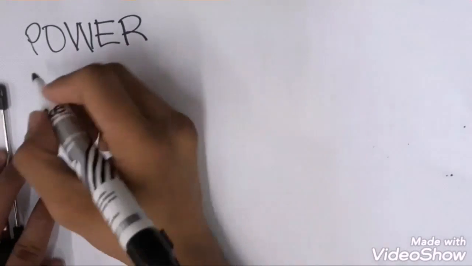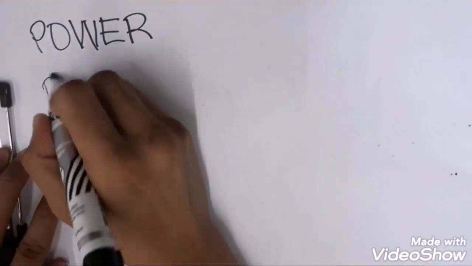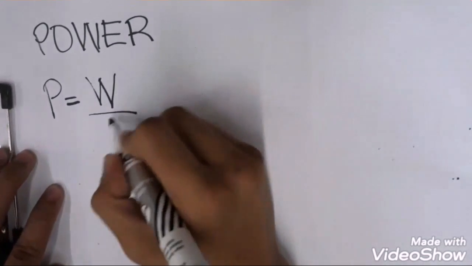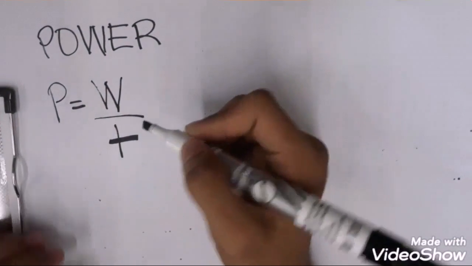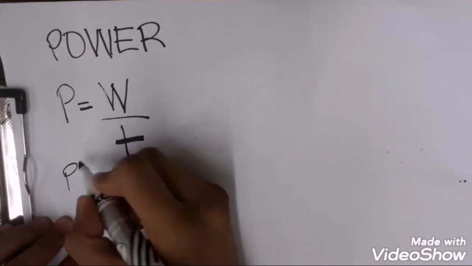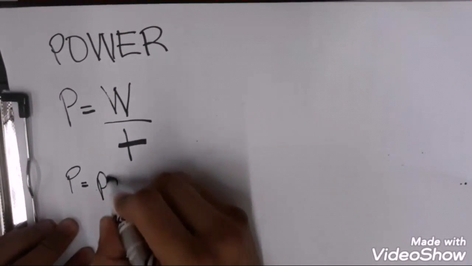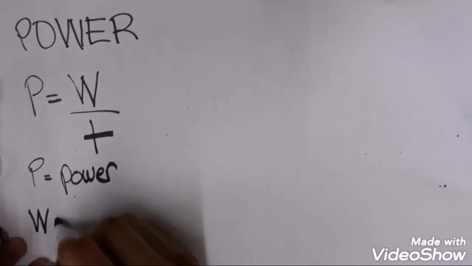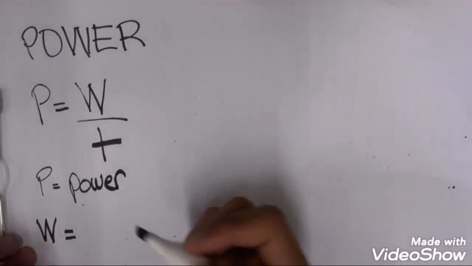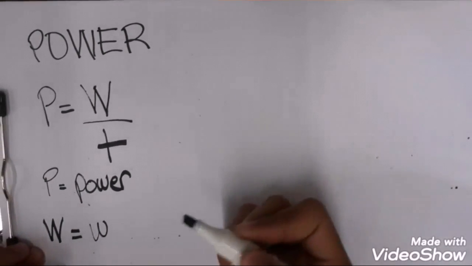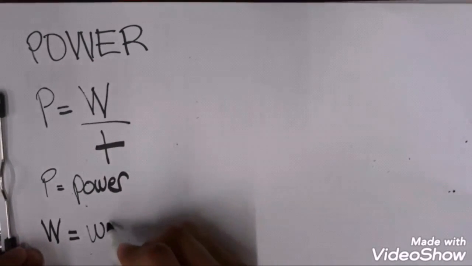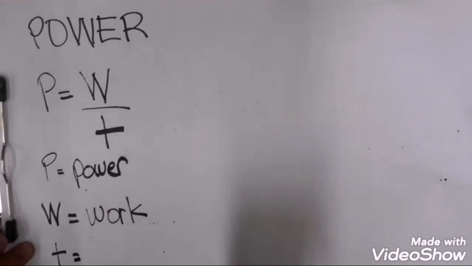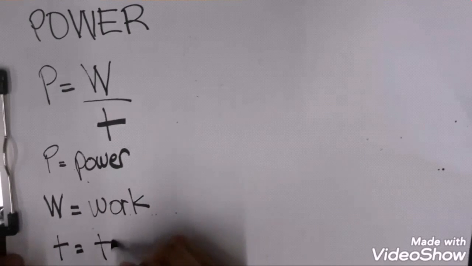The equation for power is P equals W over T, wherein P stands for power, W stands for the amount of work done or energy expended, and T stands for the amount of time.